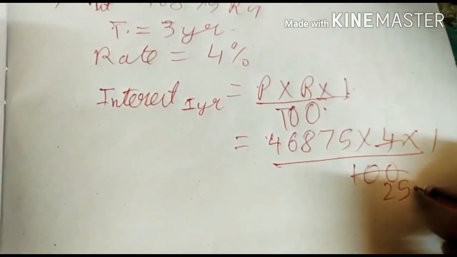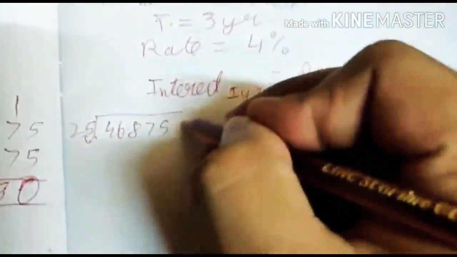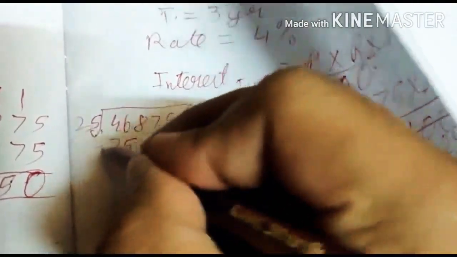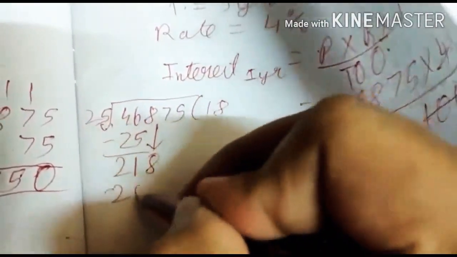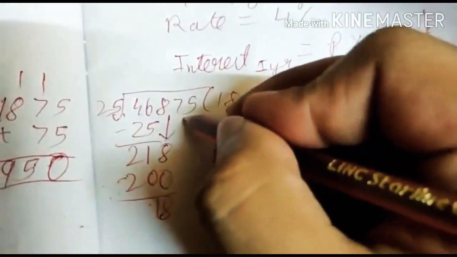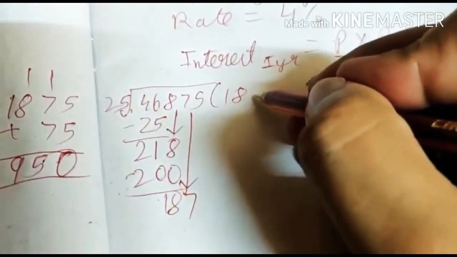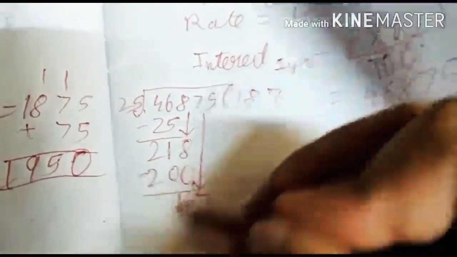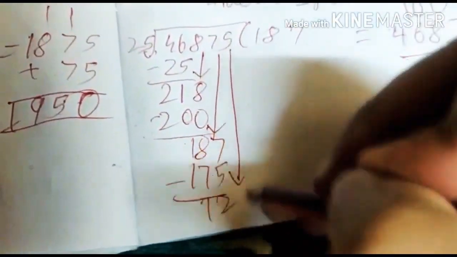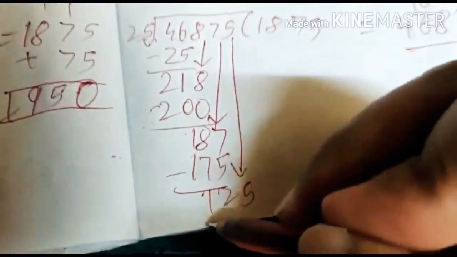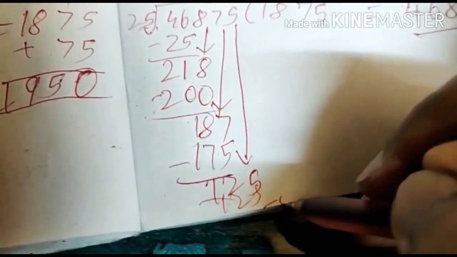Okay, if we do it by dividing normally, 46,875 divided by 25. 1 is 25, remainder is 21, and 8 is 200 minus 18, then 7 it will be 175 minus 12, then 5 it is 125, remainder is 0.